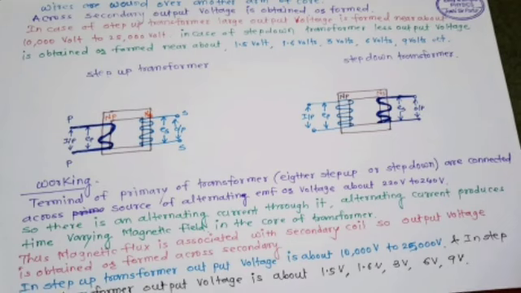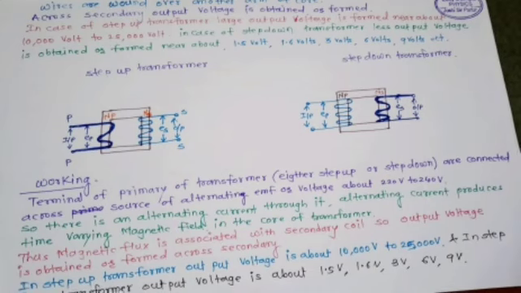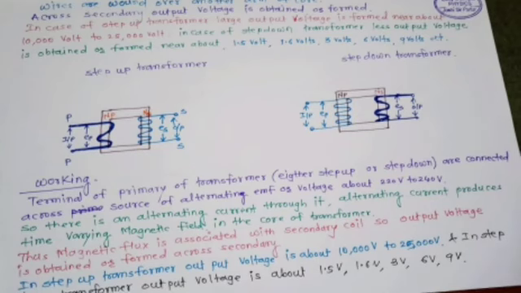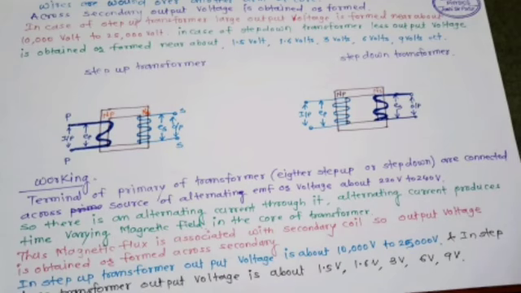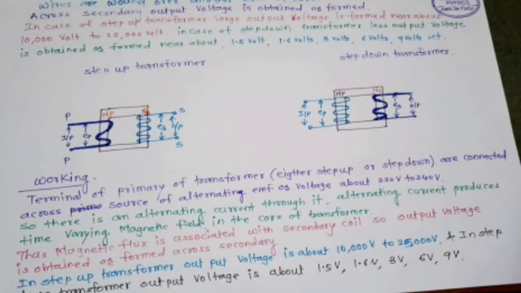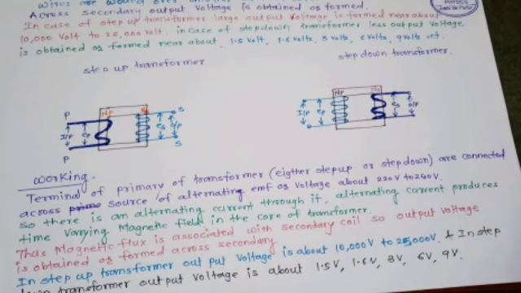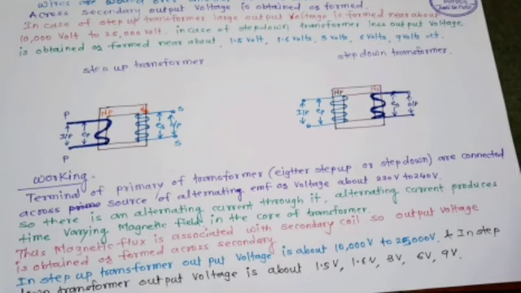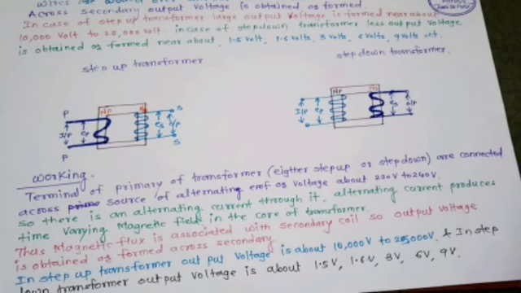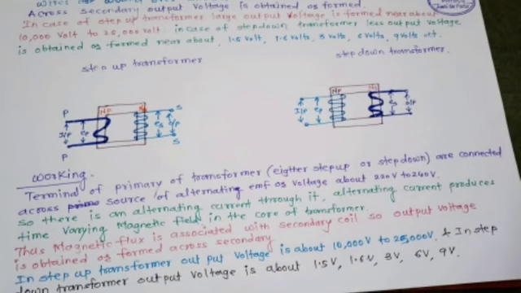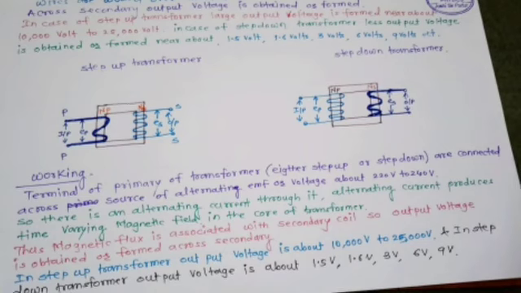Two figures are drawn: step-up transformer and step-down transformer. So, working can be seen. In working, the terminals of the primary of the transformer, either step-up or step-down, are connected across a source of alternating EMF or voltage of about 220 to 240 volt. So there is an alternating current through it. Alternating current produces a time varying magnetic field in the core of the transformer.